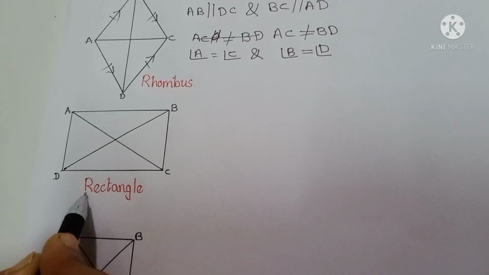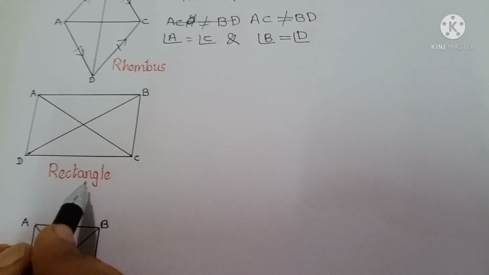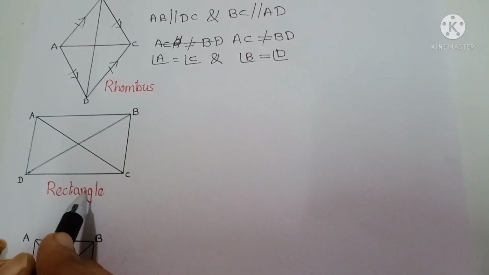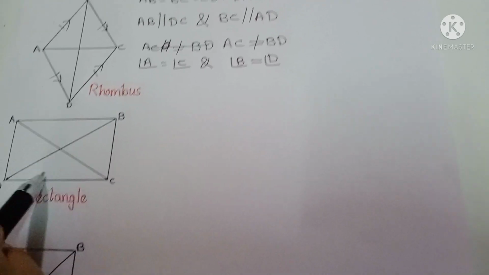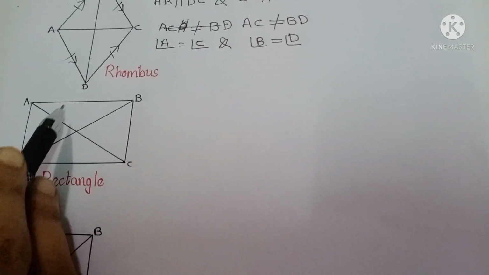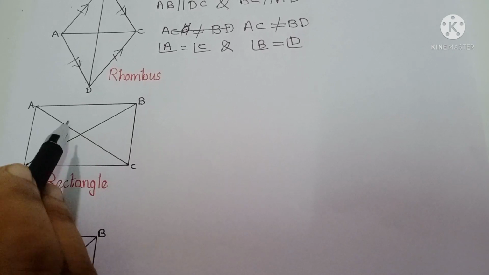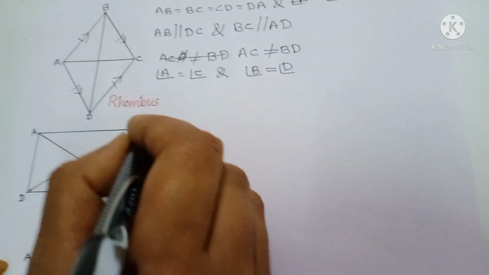Next, rectangle. In a rectangle, two pairs of opposite sides are equal and parallel.